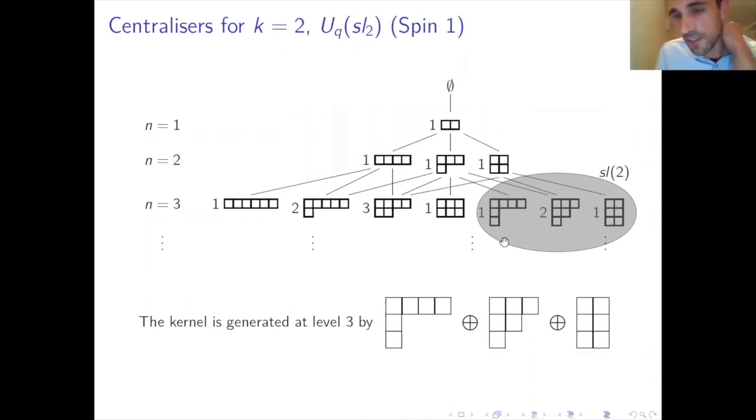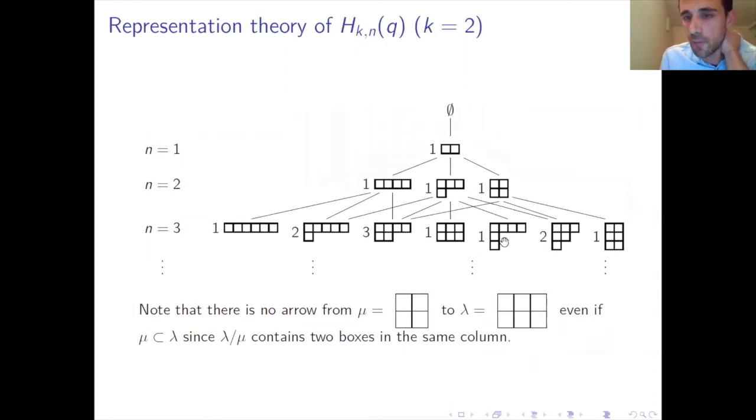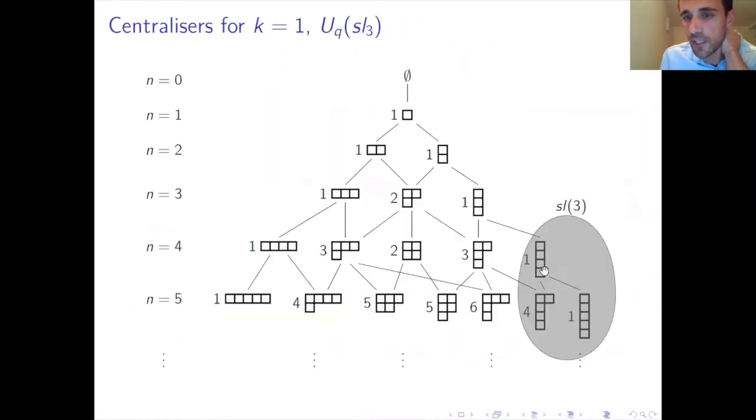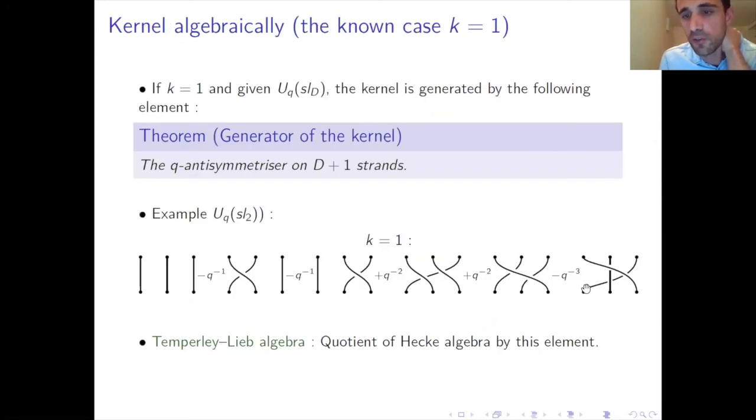Right, in a sense it's very similar to the usual Hecke algebra situation, but there is a big difference. Remember, here the kernel was generated by a single representation, this one. So it was quite easy to transform this into the Q antisymmetrizer. It's almost elementary.